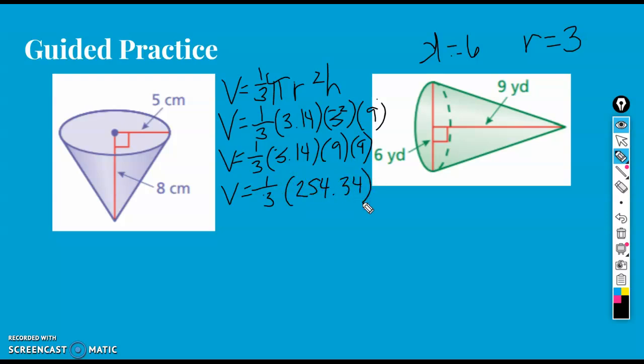Once again, we're going to find a third of that number. Multiplying by 1/3 is the same as dividing by 3. So that gives us a volume of 84.78 yards cubed. This is how we find volume of a cone.